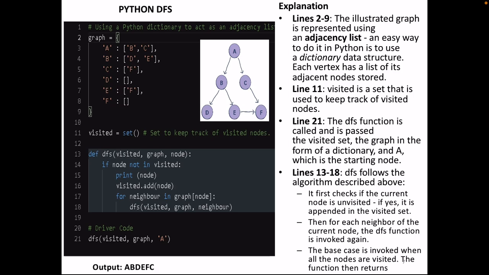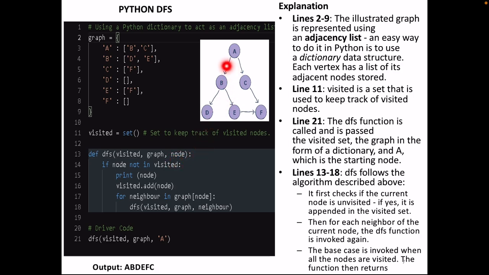And now we have the set visited that I mentioned before. Here we keep track of visited nodes, and the function DFS operates on the set visited, on the graph itself, and on the node.